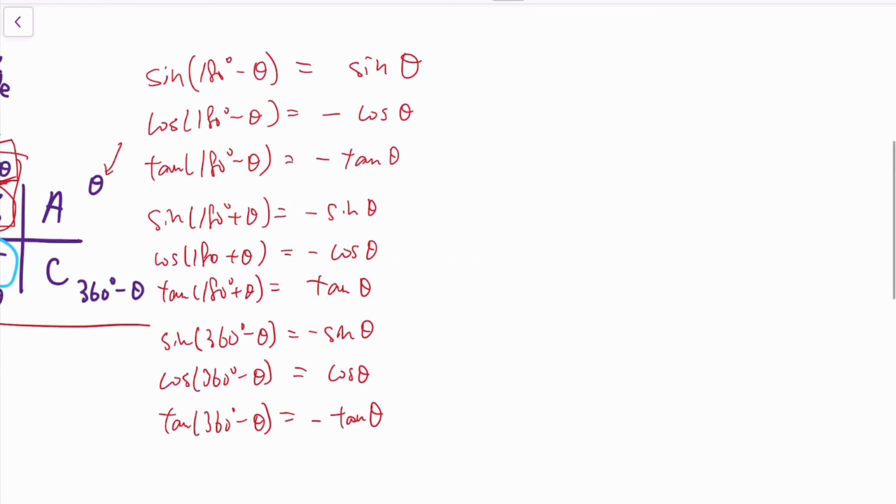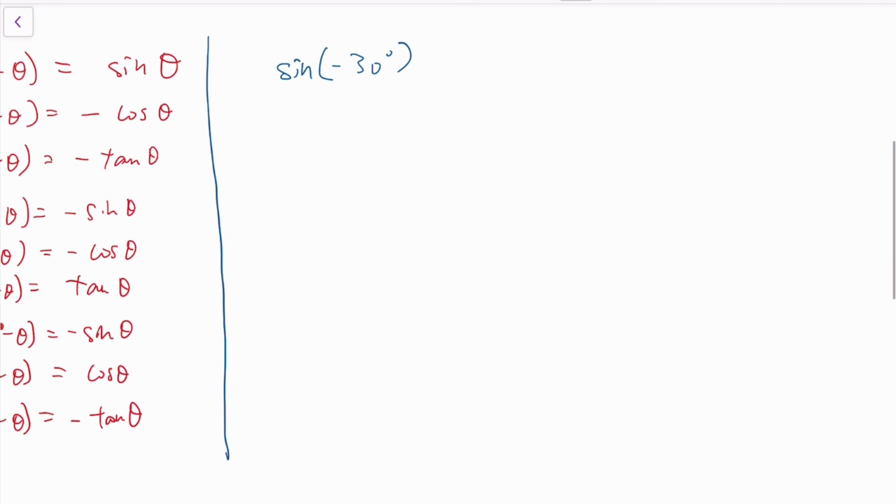Okay, but the very last thing I want to mention is the meaning of negative angle. We can actually do sine of negative 30. From now on, we have always been rotating angles anti-clockwise.